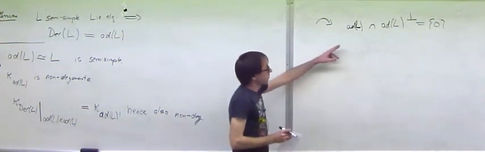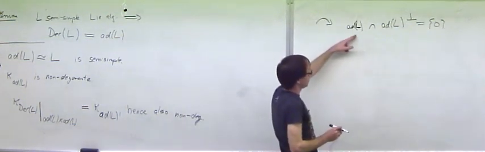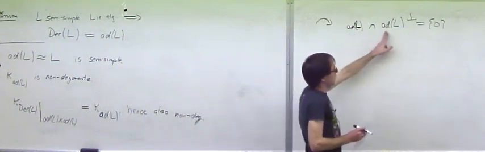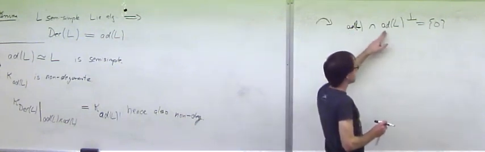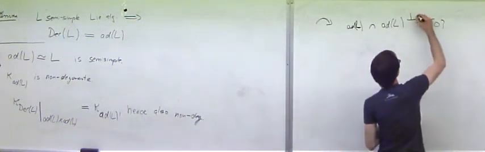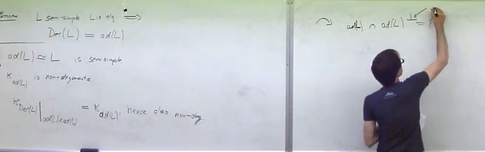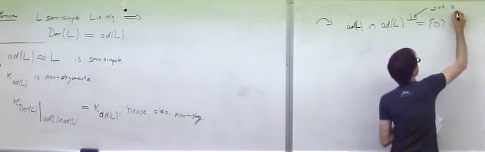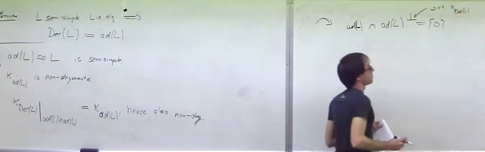I don't find any vectors which are contained in ad L and which are also orthogonal to all vectors in ad L. So this orthogonality here is with respect to the Killing form on the larger Lie algebra of derivations.